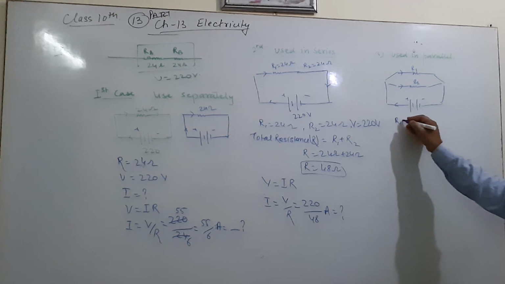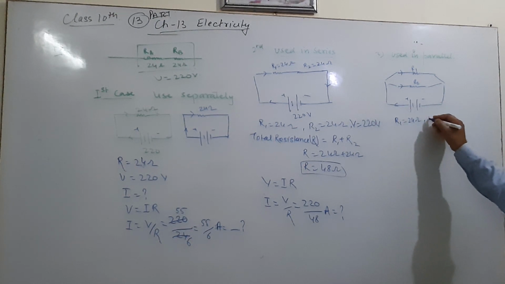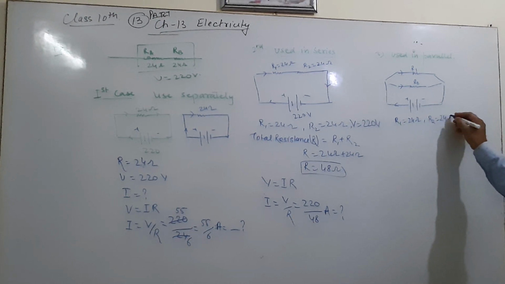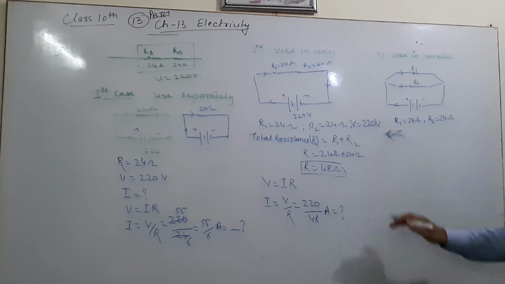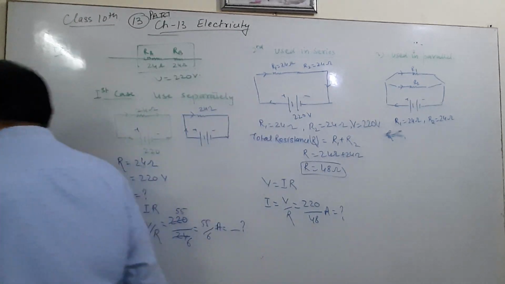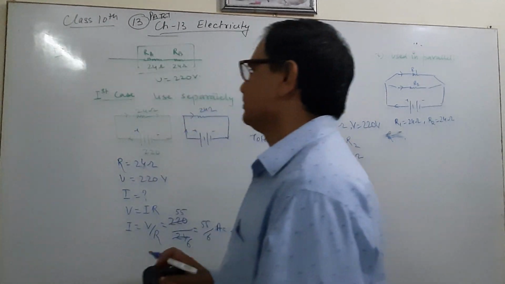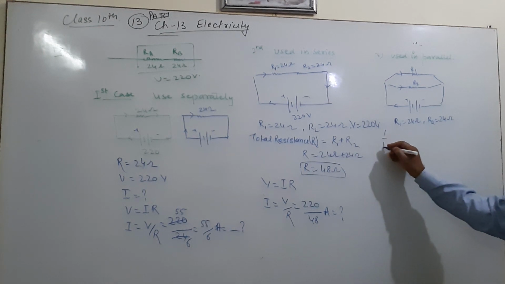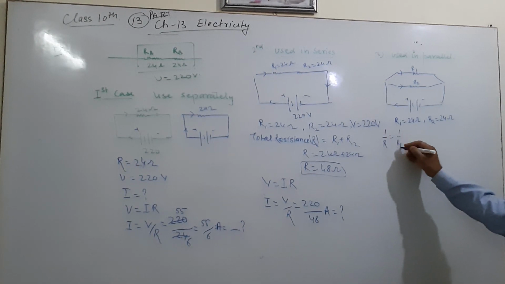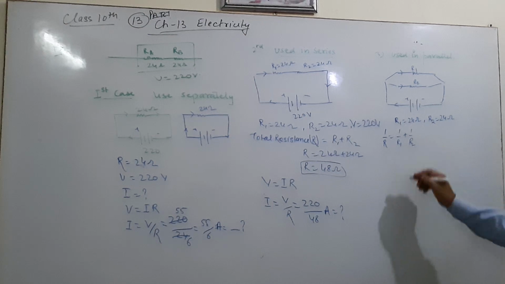R1 is equal to 24 ohm, R2 is equal to 24 ohm. In parallel, 1 upon R is equal to 1 upon R1 plus 1 upon R2.